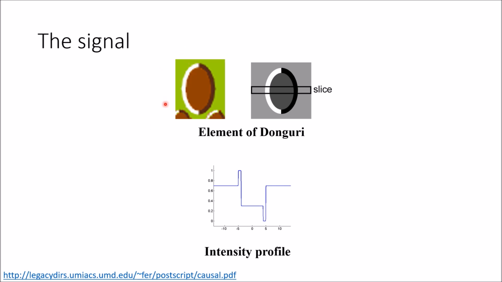If we look at the single element in the illusory signal, we see we have here white next to brown and green, or if we convert it to grayscale and take a slice, we have here light gray next to white, next to dark gray, next to black, next to gray.